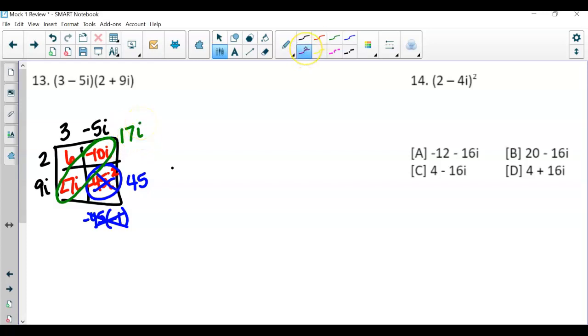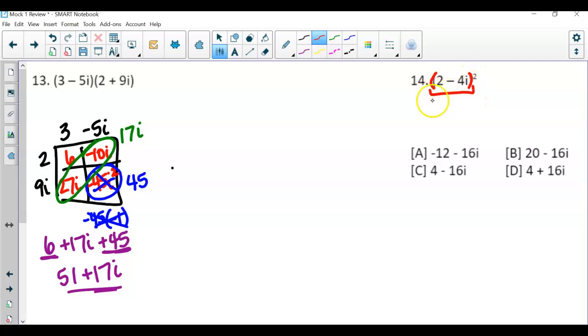So now let's write out all of our final terms here and combine. So I have 6 plus 17i, but also plus that 45 here. Then I've got 6 plus 45, which is 51. So 51 plus 17i.